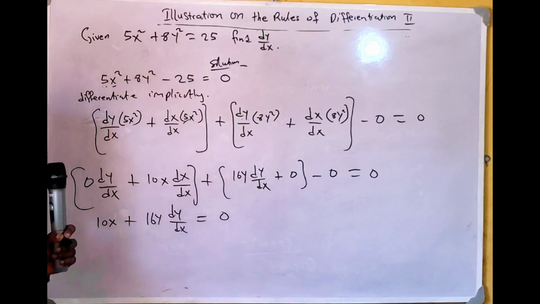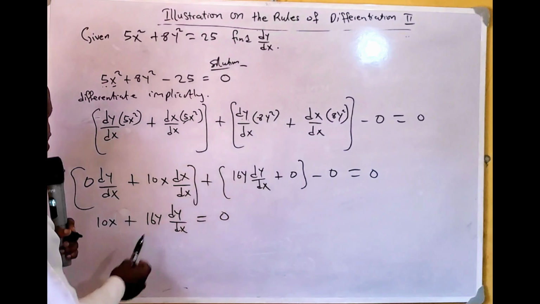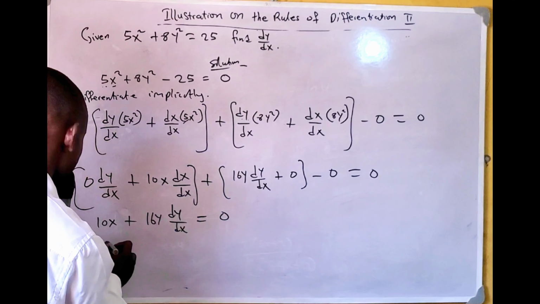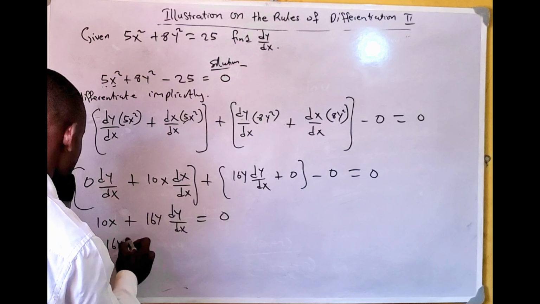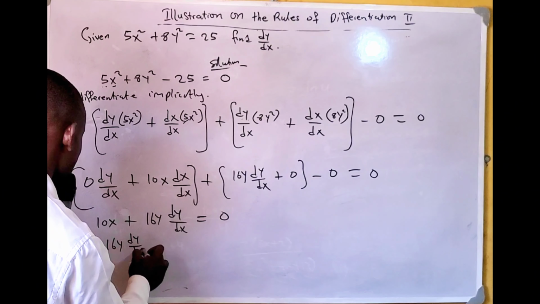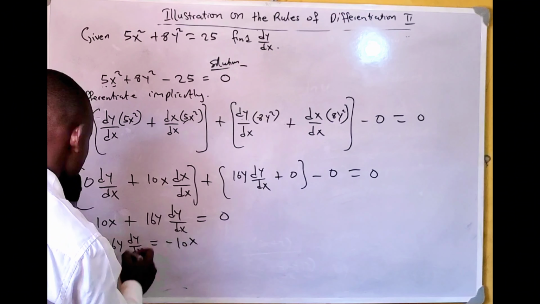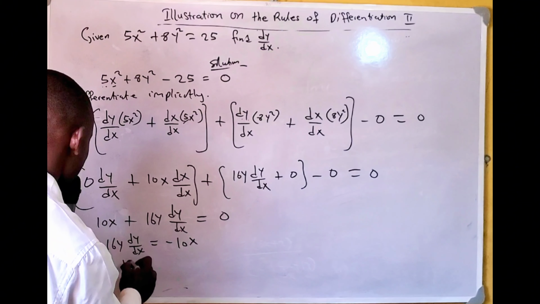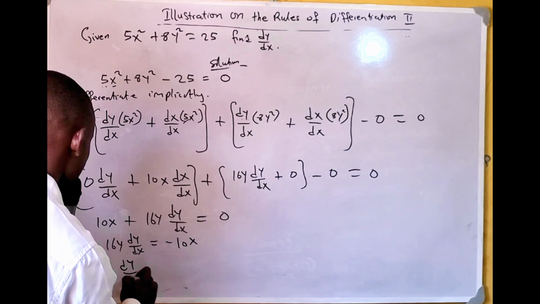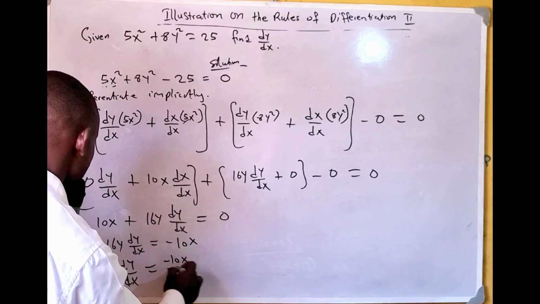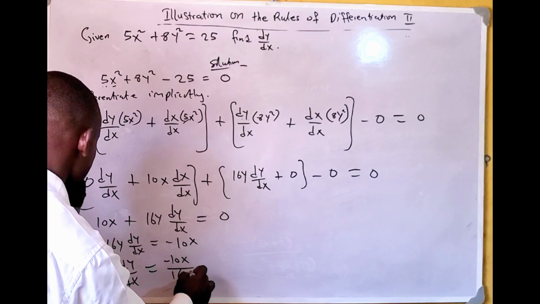So all we have to do here is make dy/dx the subject of the formula, since we have to find our dy/dx, which is our derivative. So 16y dy/dx equals minus 10x. Therefore, dividing both sides by 16y, dy/dx equals minus 10x divided by 16y.